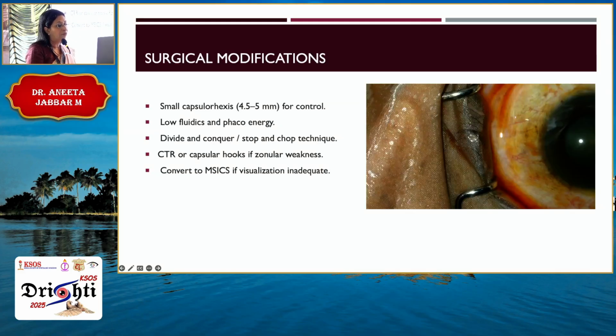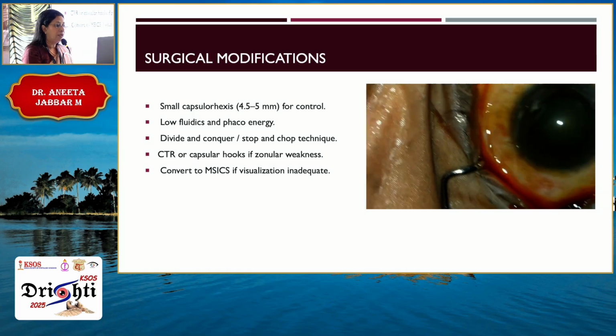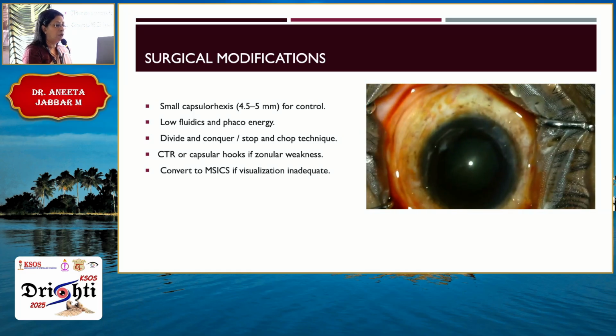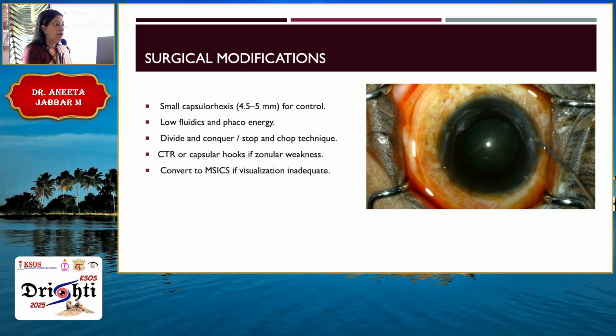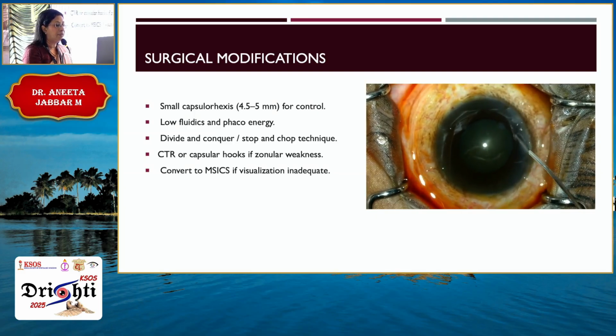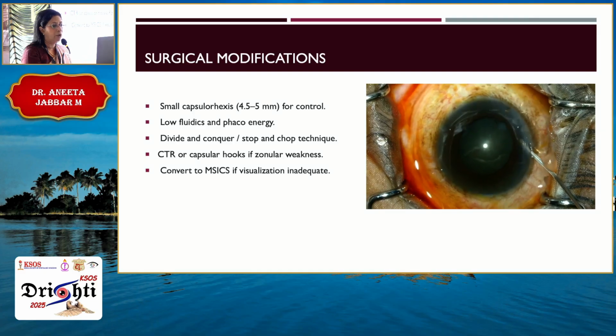So surgical modifications you can think of: if you feel the rhexis will run out, you can aim for a small rhexis, either 4.5 or 5, for better control, and low fluidics and phaco energy. Either you can do divide and conquer or the direct chop method. And in this case, it was a poorly dilated pupil.